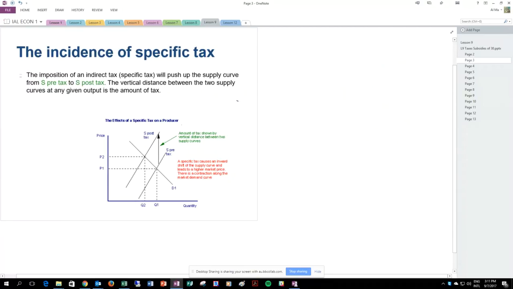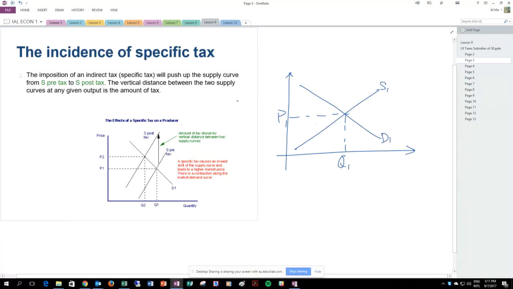The diagram illustrates that if we have a regular demand and supply diagram with an original price P1, Q1 for the equilibrium, and we tax a particular product, that adds extra cost on top of it, and therefore it shifts the supply curve upwards and inwards, and therefore reaches a situation of Q2, P2, which is a higher price but less quantity transacted.